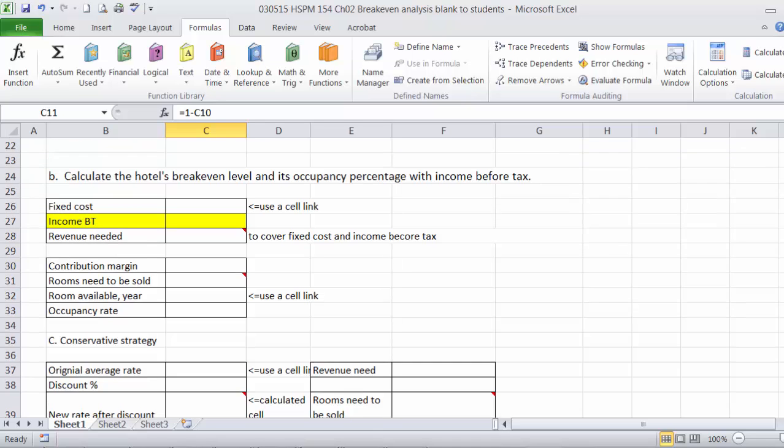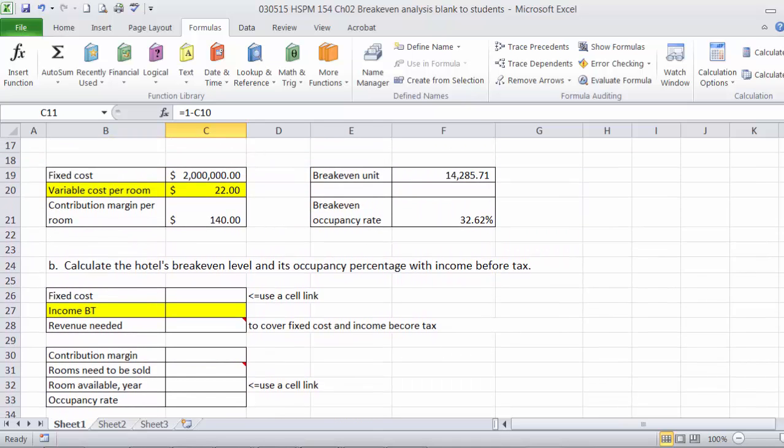Okay, so now we have the next one: calculate the occupancy percentage that will provide operating income before tax of $2.5 million a year. So far you break even, right? That's your break-even occupancy. So you need to make it profit.